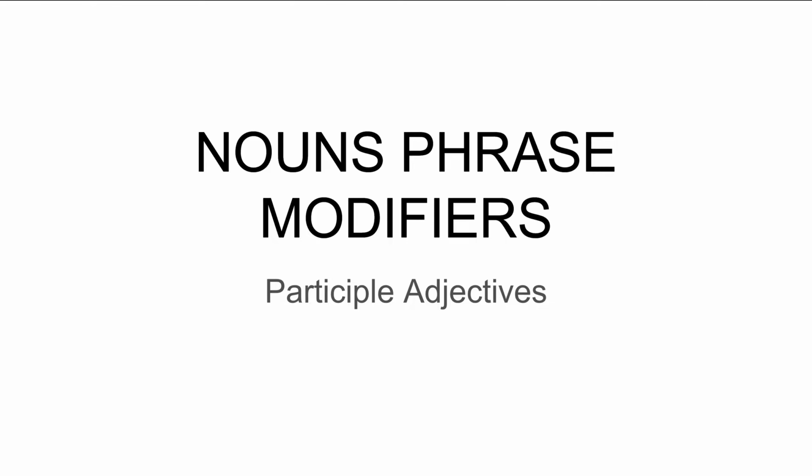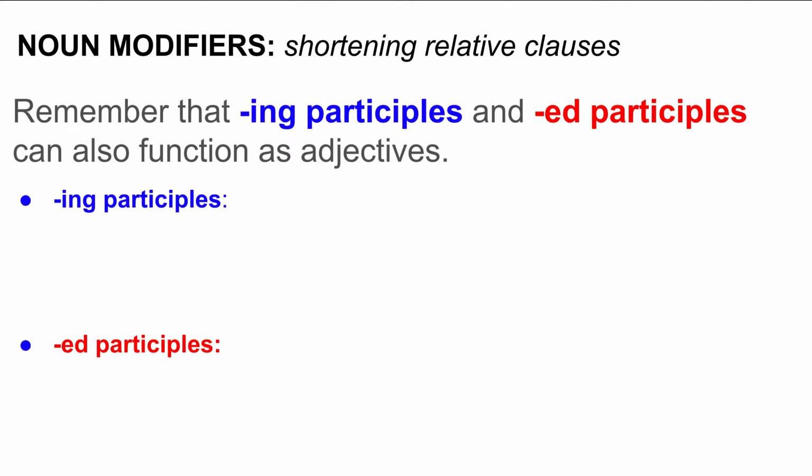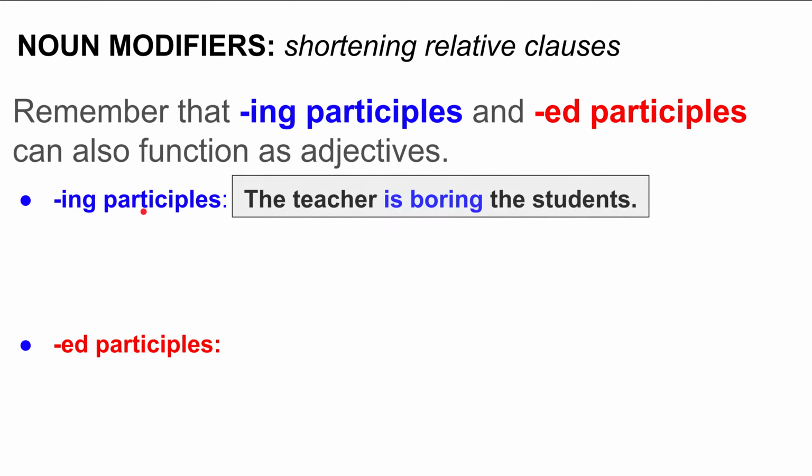This is a good time to talk a little bit about something funny about noun phrases and their modifiers. Let's focus a little bit now on participle adjectives. Remember that ing participles and ed participles can also function as adjectives. So, for example, looking at some ing participles, let's look at this sentence. The teacher is boring.